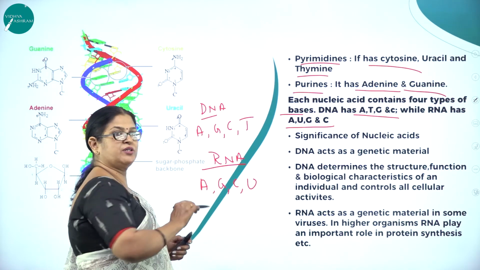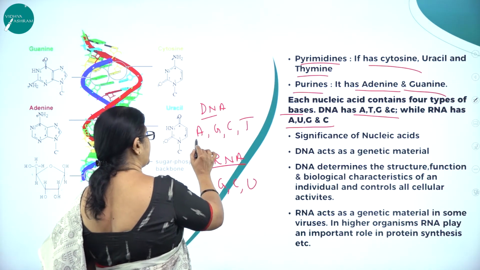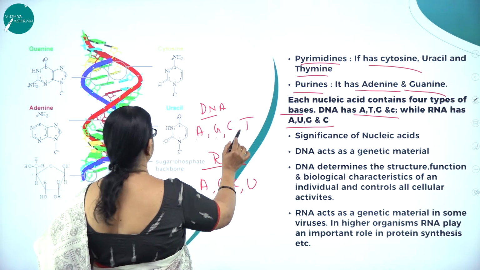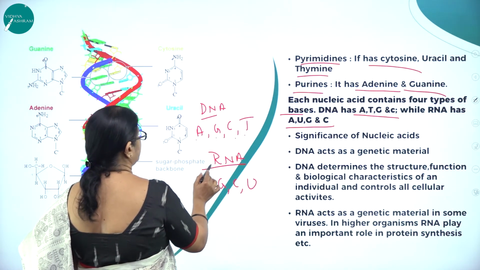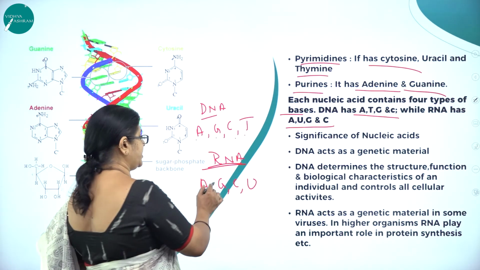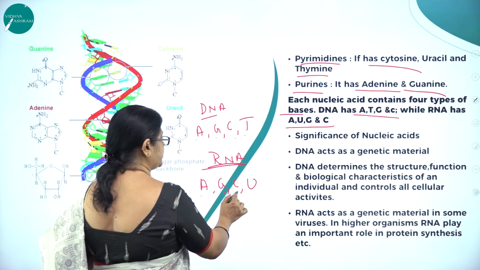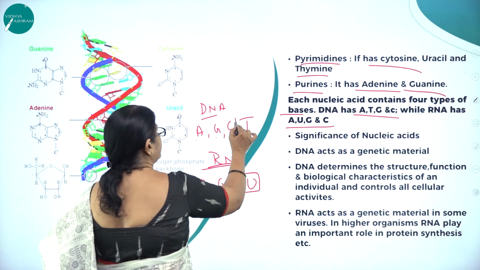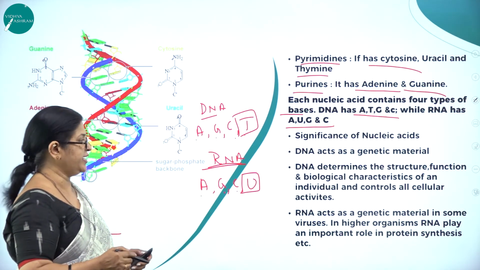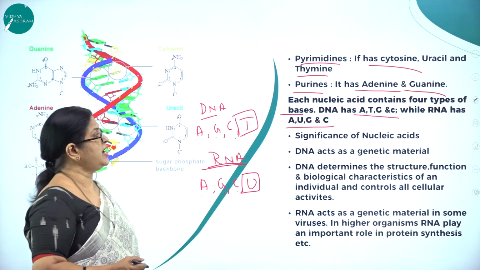So here, the thymine of DNA is replaced by uracil of RNA.